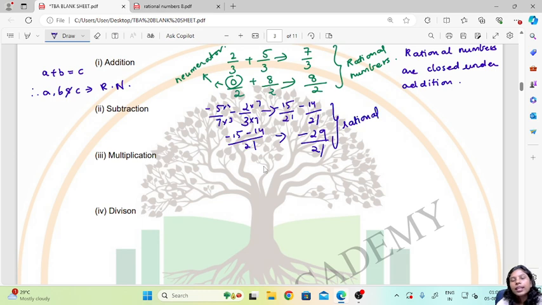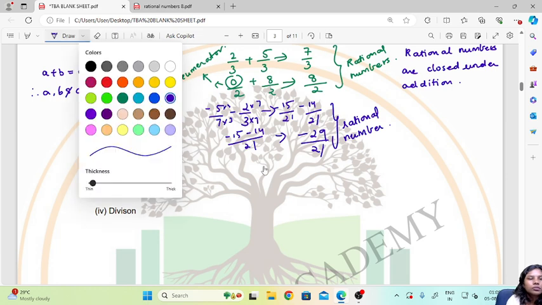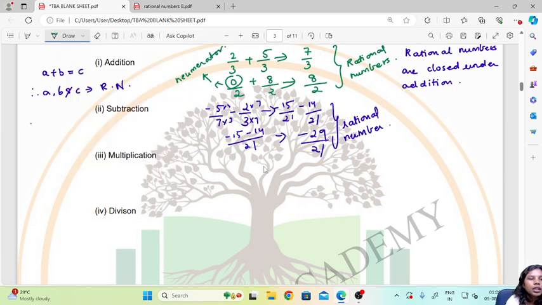So what we can say is that the difference between any two rational numbers also ends up giving us a rational number. So therefore a minus b, we'll say in p by q format.